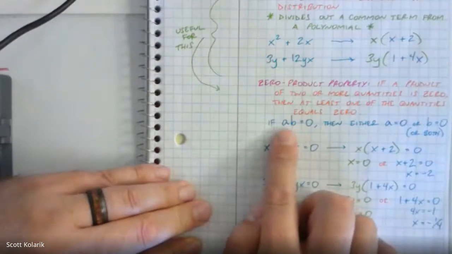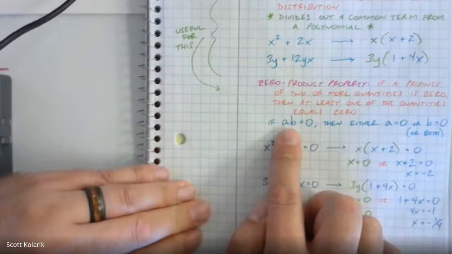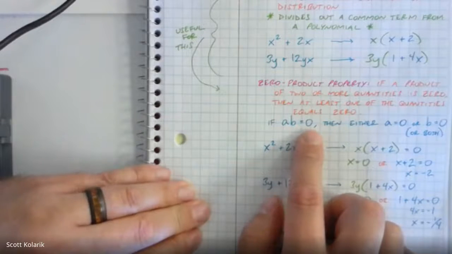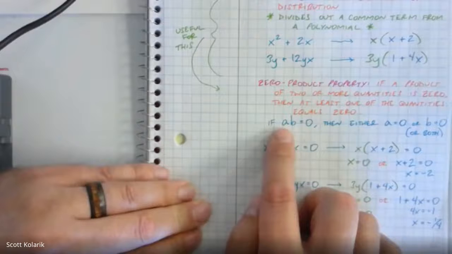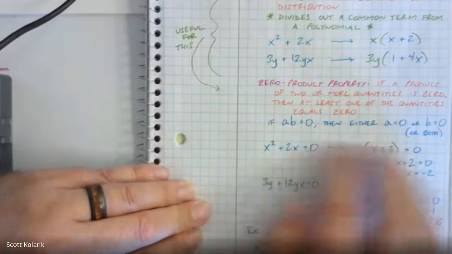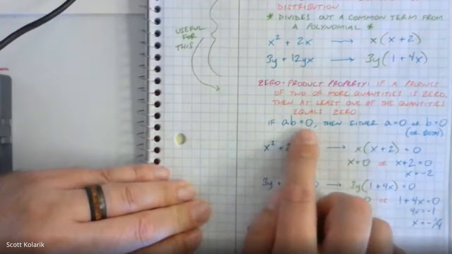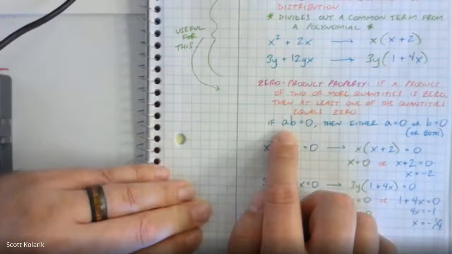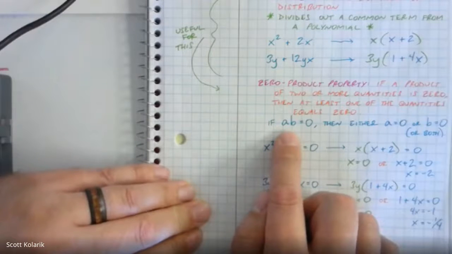If I have 2 numbers that are multiplied by each other, and it doesn't matter what these 2 numbers are, but if I have 2 unknowns, like in this case, a times b, that equals 0, the flip side of that coin says that the only way I can multiply 2 things or any number of things together to get 0 is if one of those things happens to be 0. One or more, I guess.